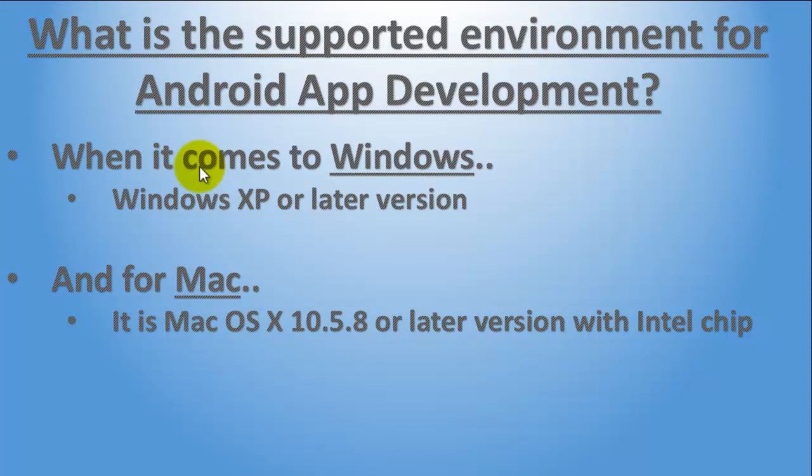Hopefully one of them is an Intel processor. So whichever machine comes with an Intel chip processor and Mac OS X 10.5.8 or later version, that is, I believe 10.5.8 is a Yosemite version, but I'm not sure about it.